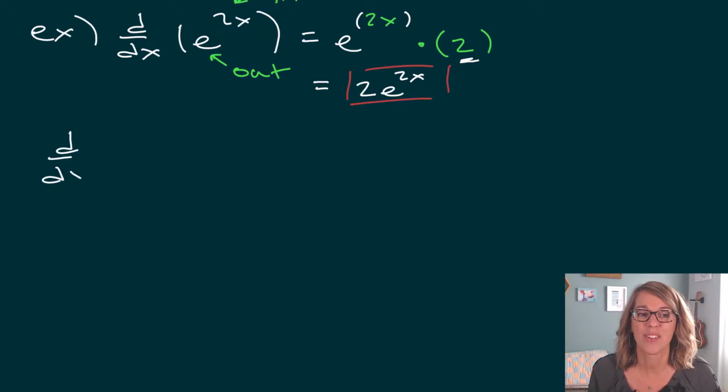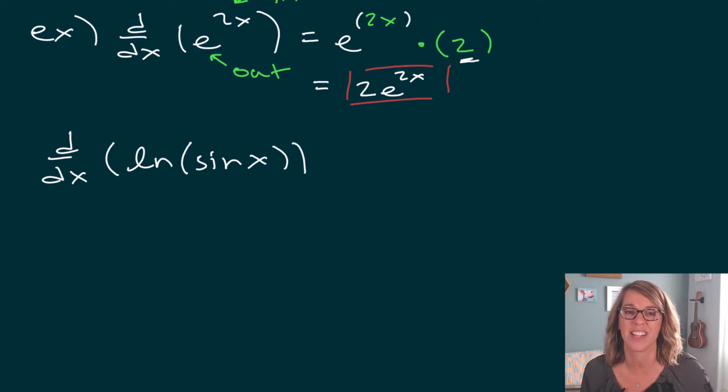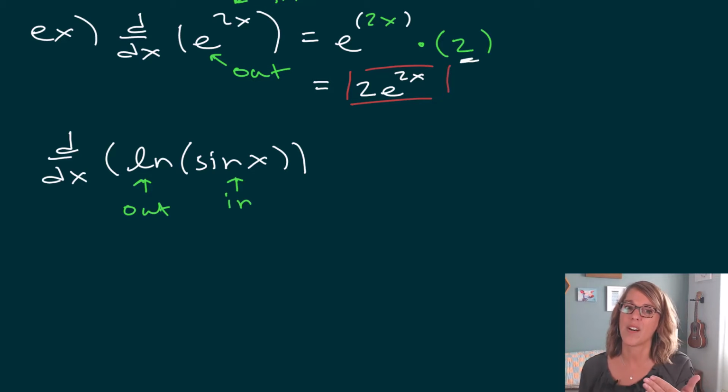Next, let's do the derivative of a logarithm. So let's do the derivative of the natural log of the sine of x. Okay, so again, I've got a chain rule here. I can see that layering of functions. My inner function is sine, and my outer function is the natural log. So I'm going to take the derivative of that outer function first. The derivative of a natural log is 1 over whatever happens to be on the inside.